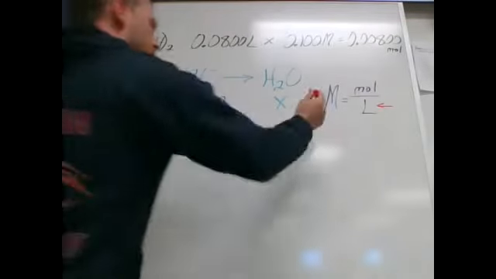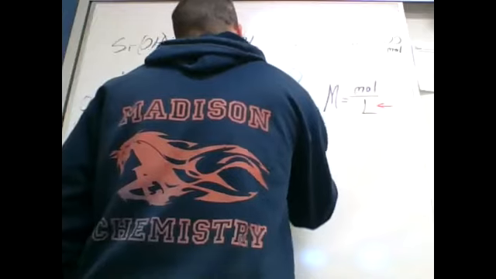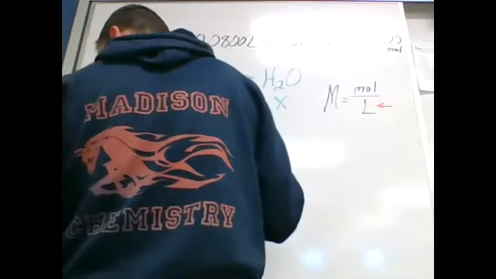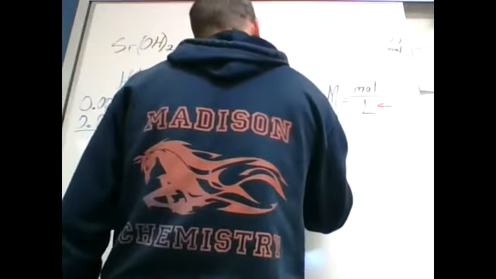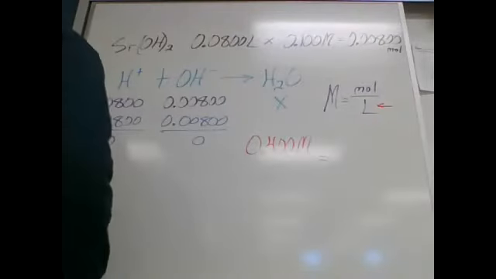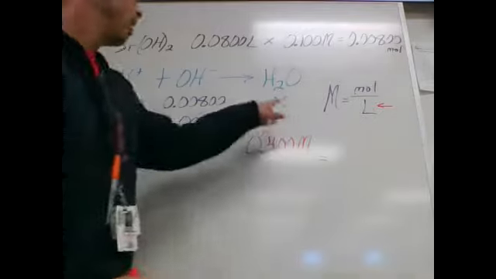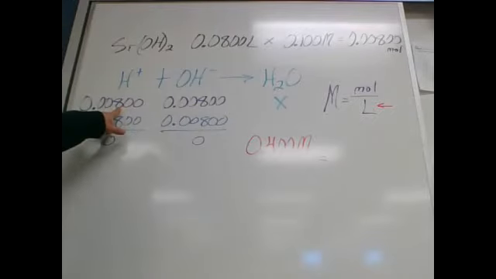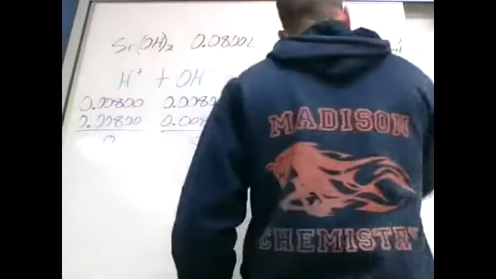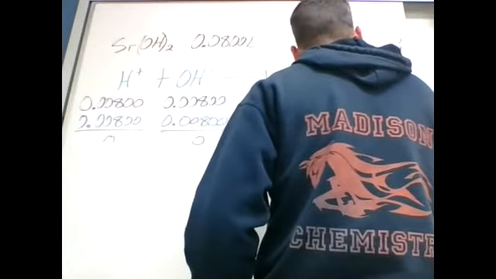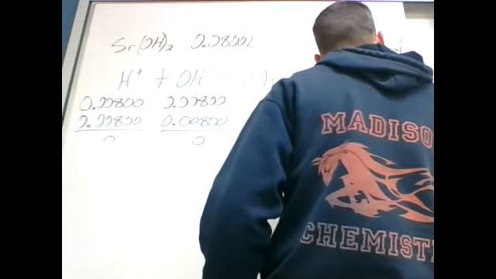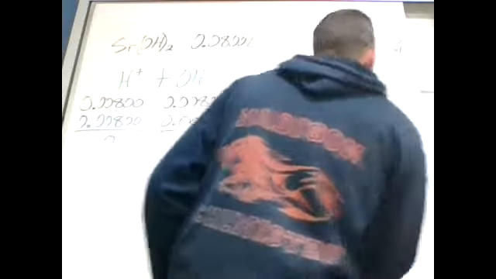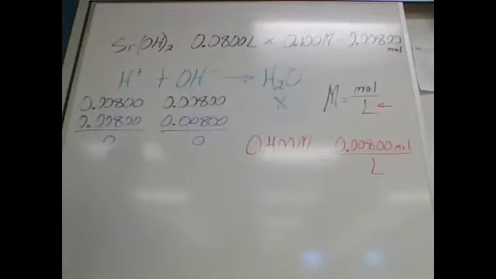So we're given the 0.4 molar, so I'm just going to plug it in right here. We've got the 0.4 molar equals my number of moles in order to get to the equivalence point. So the moles is that 0.008 number, moles. And we can use this to solve for liters.